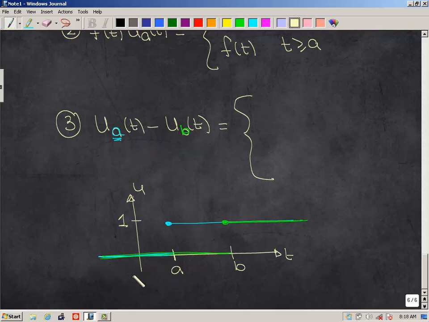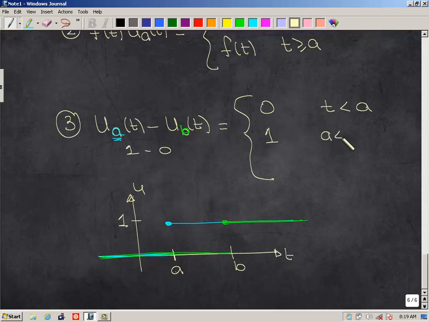Well, to the left of a, if I subtract the two functions, both their values are 0. So 0 minus 0 is going to give you 0 if t is less than a. Okay, what happens between a and b? Well, between a and b, the blue function is 1 and the green function is 0. So if you subtract the two, you'll have 1 minus 0, so you'll get 1.